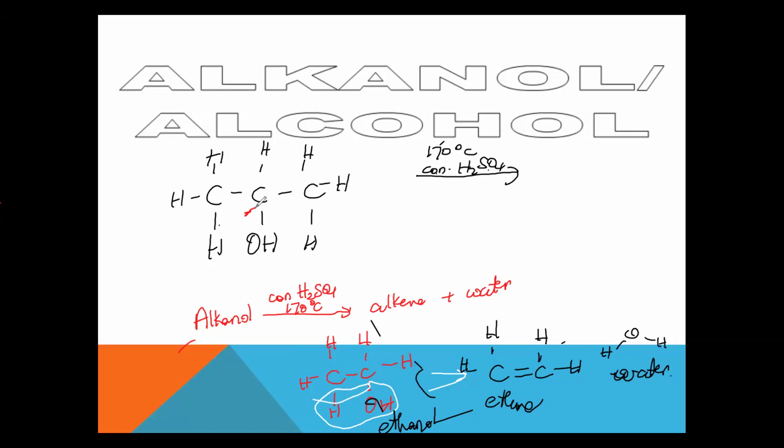And I'm going to take H from an adjacent carbon. So this is an adjacent carbon, the adjacent carbons are side by side. So I'm going to opt to take it from here. The carbons that I take the water from, they're going to form a double bond. Clear?